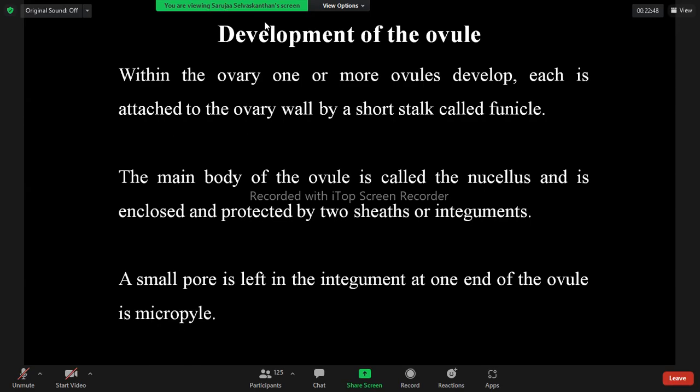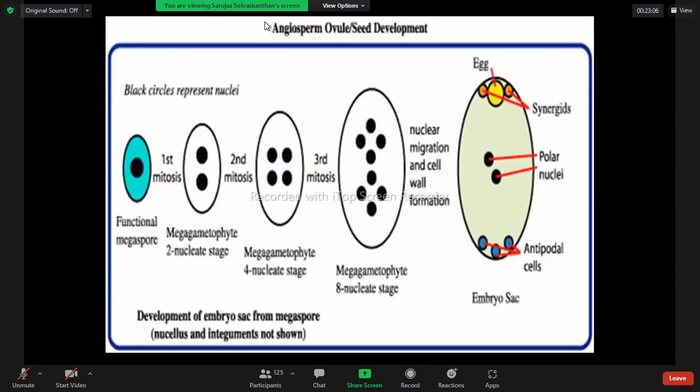But to you, it was incorporated in the first year curriculum, right? So I have to just briefly discuss the flowering physiology as well, right? I'm not going to teach you the development of ovule, right? But you may study it in the A level, right?